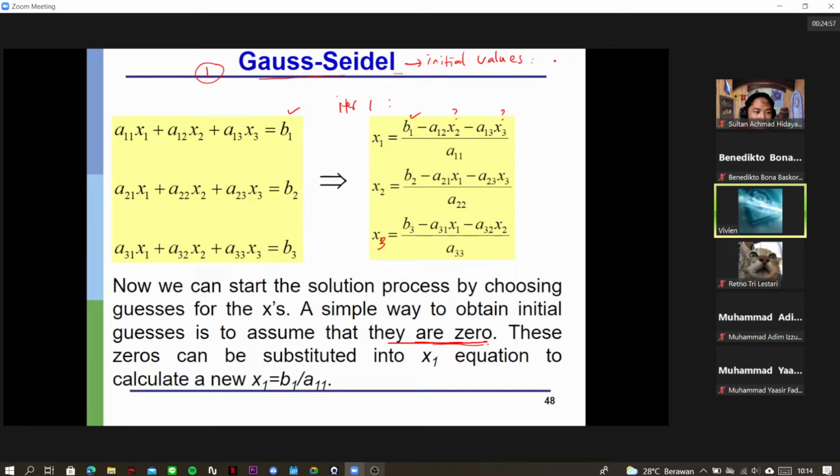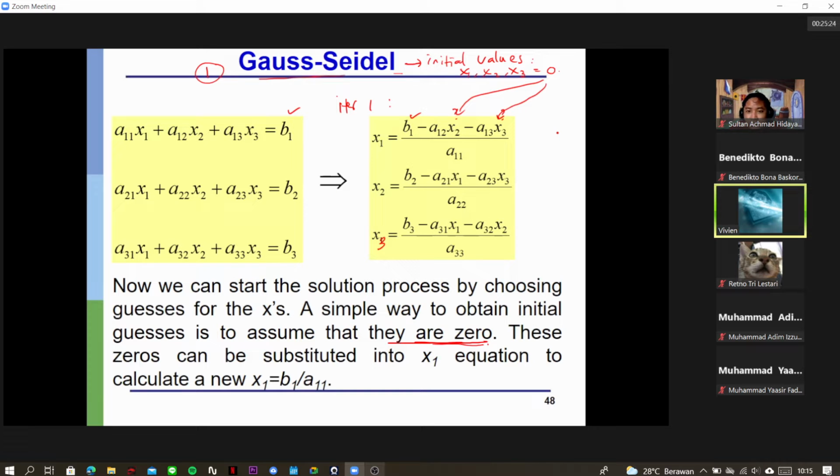So we can assume that x1, x2, and x3 are equal to 0. When we don't have a value calculated yet, we can take the value from the initial value.